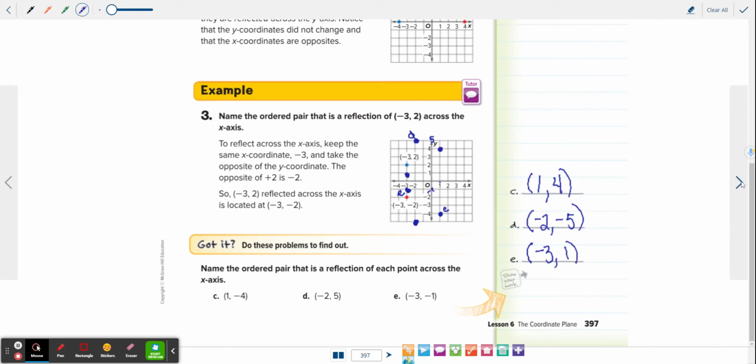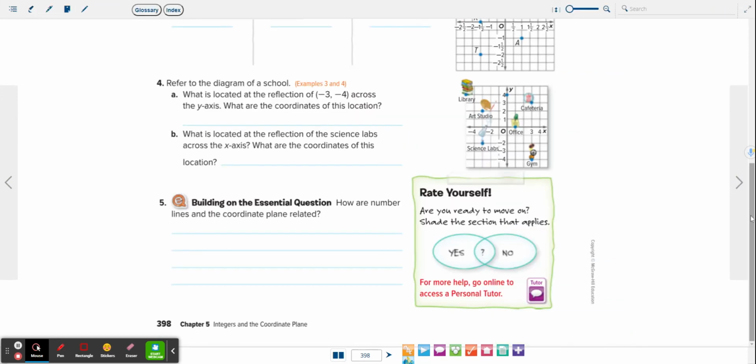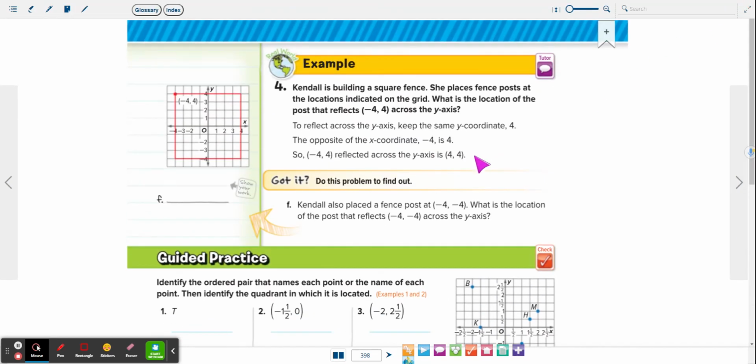All right, let's go on to 398. 398 is a word problem. It says example number 4, Kendall is building a square fence. She places fence posts at the locations indicated on the grid. That's these right here. What is the location of the post that reflects -4, 4 across the y-axis?